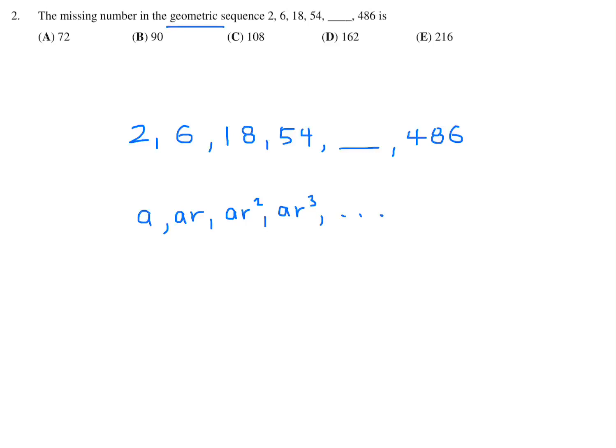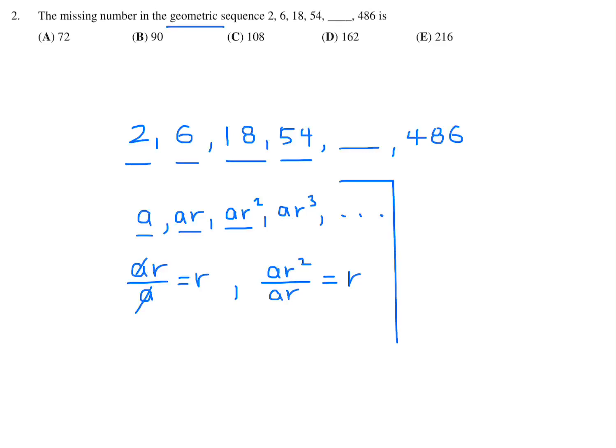So if you take the second one and put it over the first one, AR over A, you get R, because the A's cancel. Very similarly, if you take the third one and divide it by the second one, it would be exactly the same. It would be R.